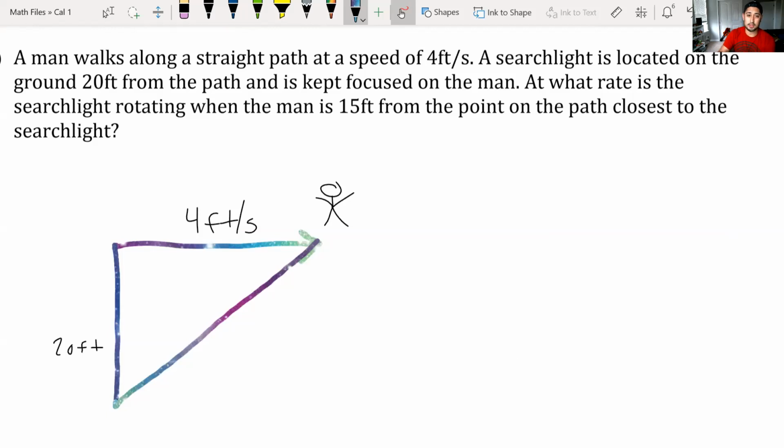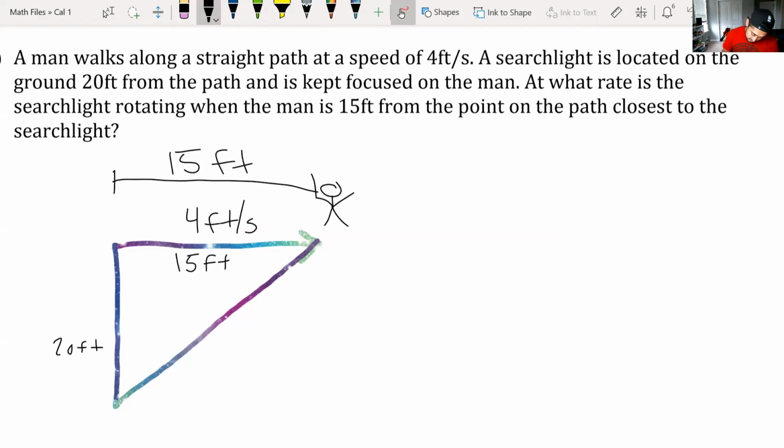So this guy is walking, and he's walking at a rate of 4 feet per second, but he's already gone 15 feet. So this pathway that he's walked is also 15 feet. So this pathway is 15, or I can even put it down here. He's walked 15 feet so far.